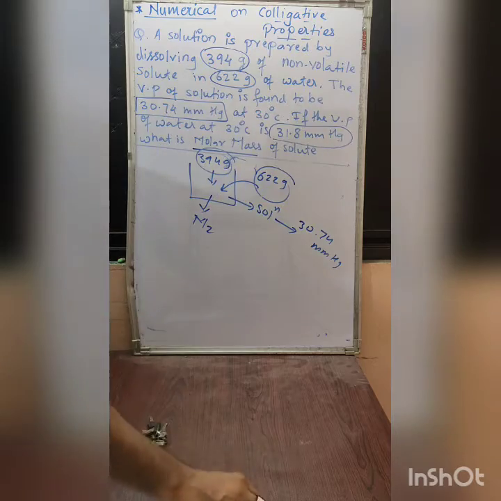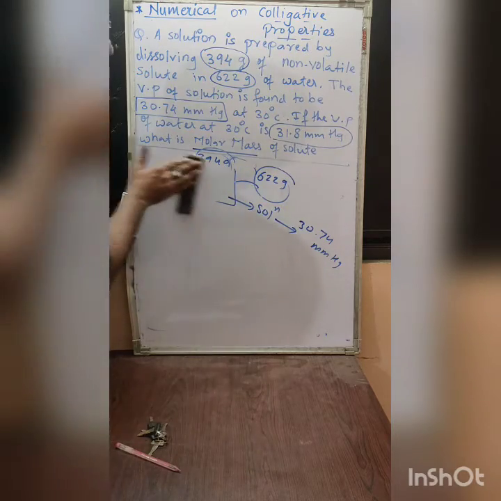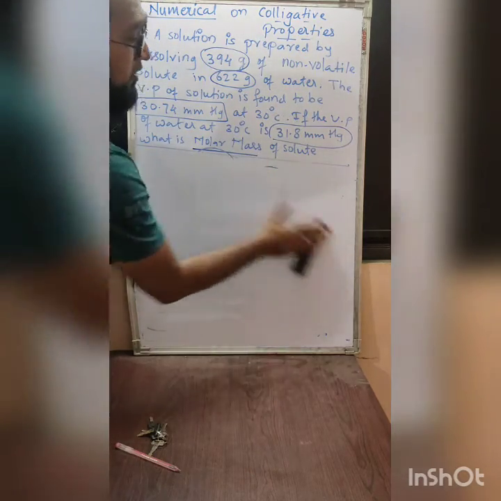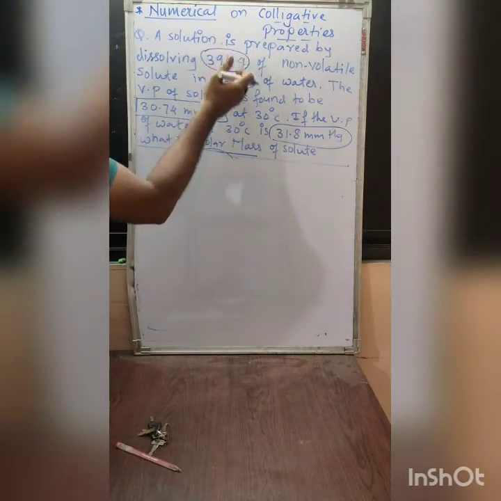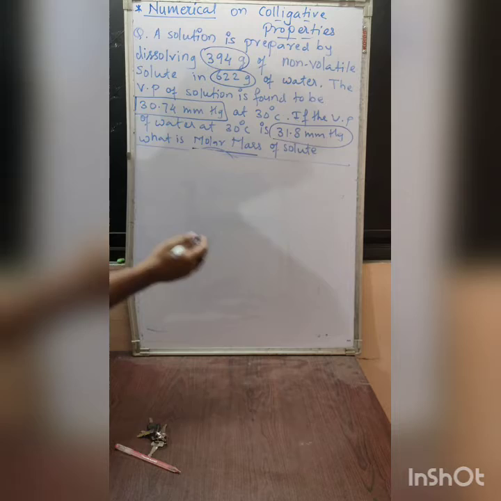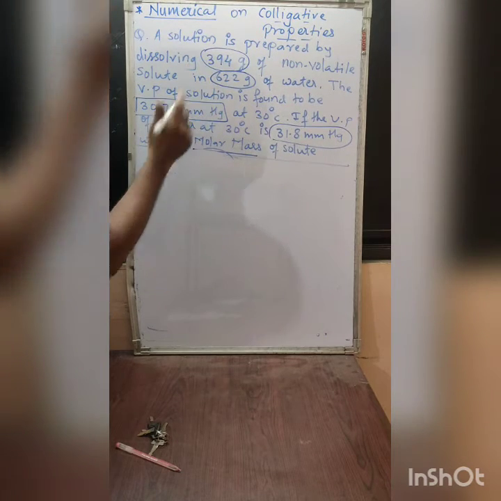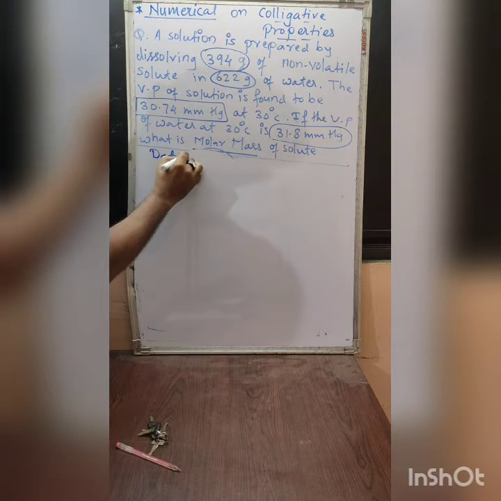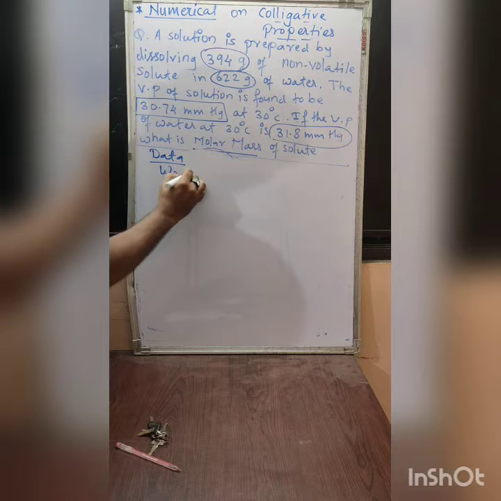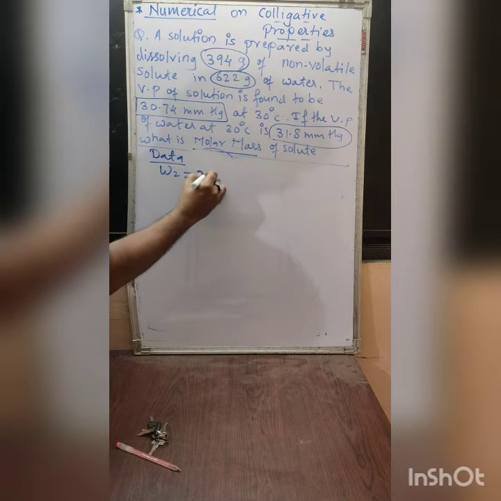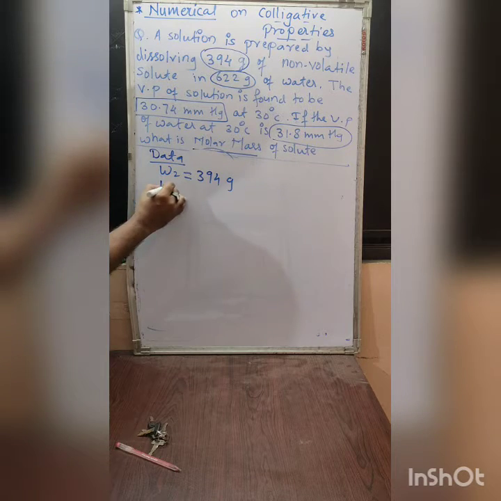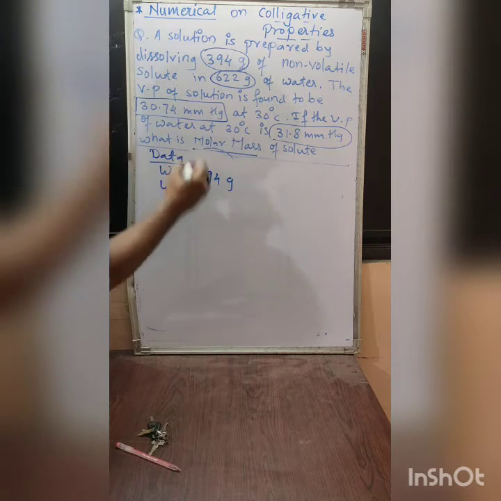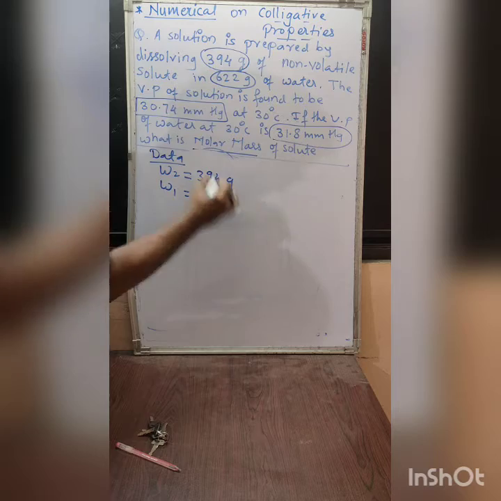First we write the given data. Gram is a mass, so this is for the solid, that is W2, which is 394 gram. W1 is equal to 622 gram.